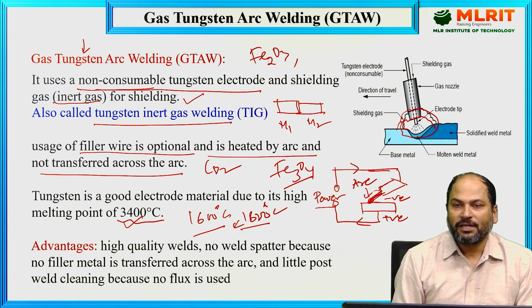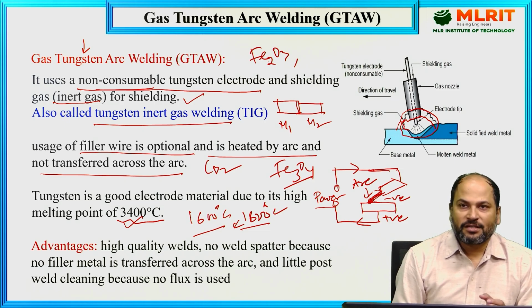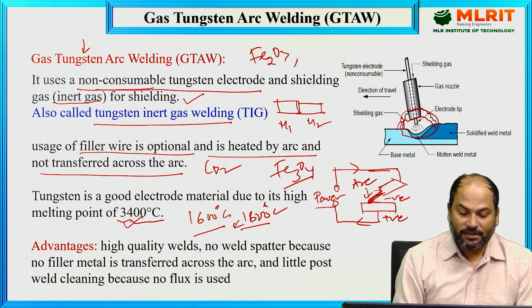That will create a lot of problems. So tungsten is a very important electrode because of its high melting temperature, 3400 degrees centigrade. Even a material with a very high melting temperature can easily be welded by this process.